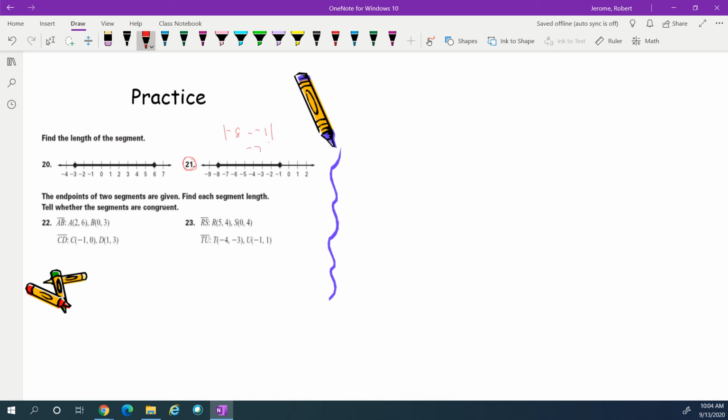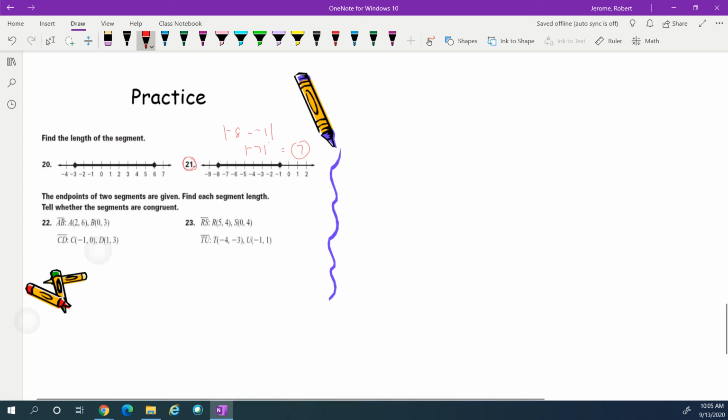So that is a -7 absolute value, and my answer is 7. So I can say that this segment measures 7 units. In the next set of questions, we're given the endpoints of the segments, and we're asked to find the length, but also determine whether they are congruent.